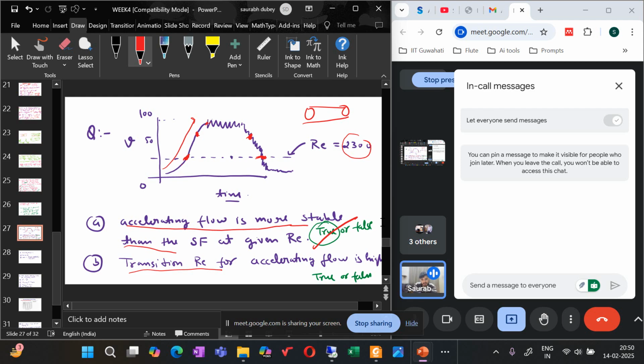In that case, a longer duration of time will be taken before the fluctuations actually come, because in accelerating flow the flow is more stable, so the pulsatility or turbulence, or these fluctuations in the velocity, take a bit of time, and because of that the instability comes at a later stage, right? So both of these are true.